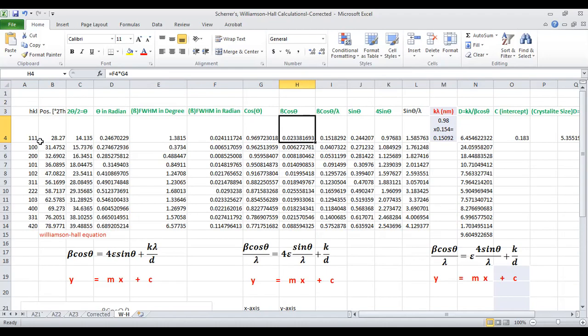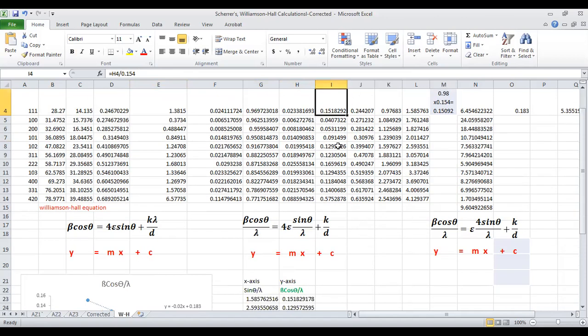I am just explaining for the triple one, and similarly you can move over here, or individually calculate the same with the rest of the HKL values. And then beta cos theta over lambda, where lambda is the constant, 0.154 nanometer. I am using nanometer because you will get the size directly in nanometers. Again, it is up to your choice.